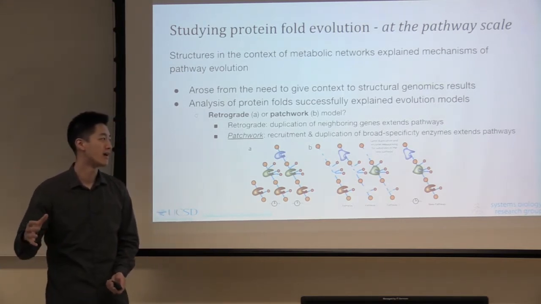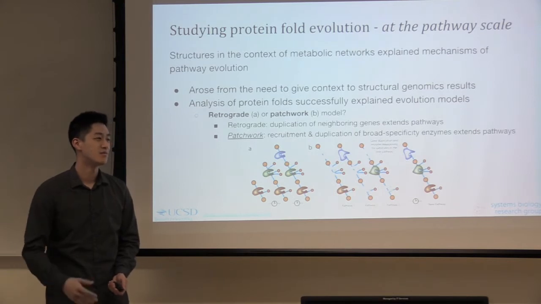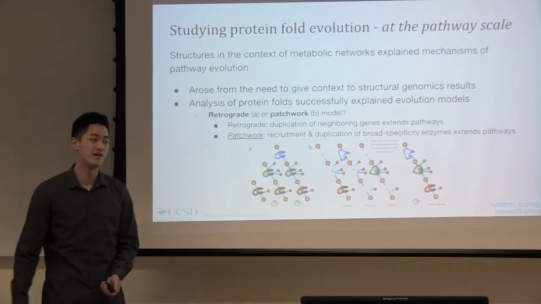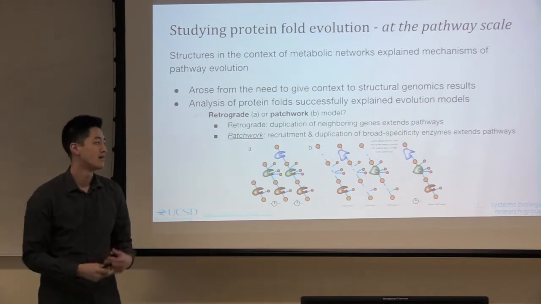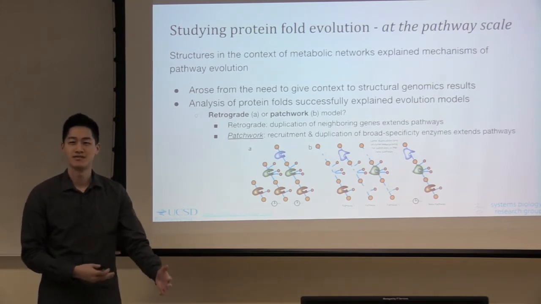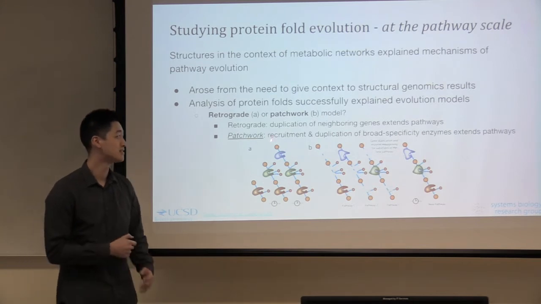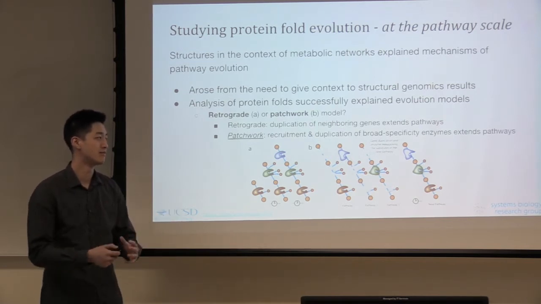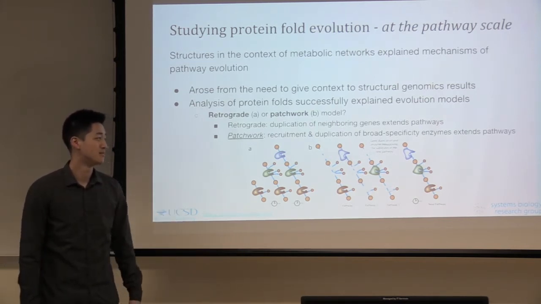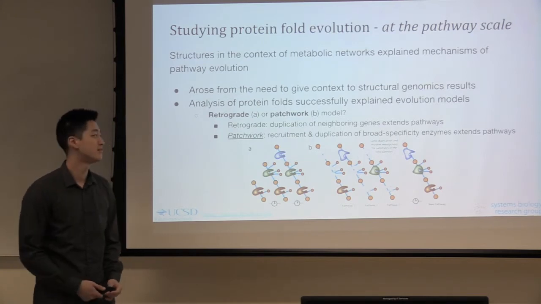Or do they recruit these promiscuous other enzymes from other parts of your metabolic network to help you carry out the next steps of your metabolic pathway? And so these were called the retrograde or patchwork models, where the retrograde is your neighbors and the patchwork is recruitment of enzymes further away from yourself.